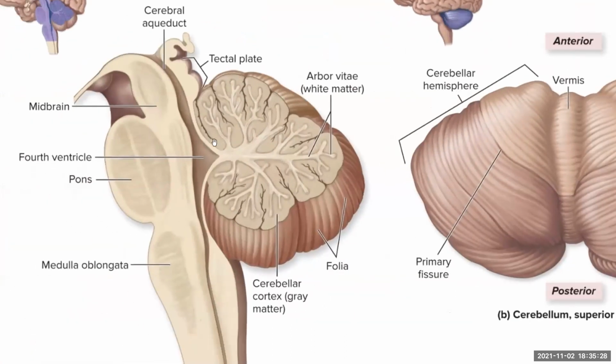And when we dissect and look inside, you can see the gray matter on the outside, very similar to what we saw in the cerebrum, and then the internal white matter, we call that the arbor vitae there. And then we'll have our nuclei scattered throughout.